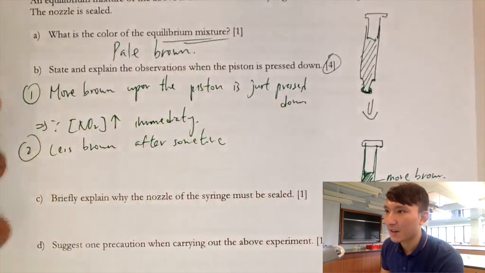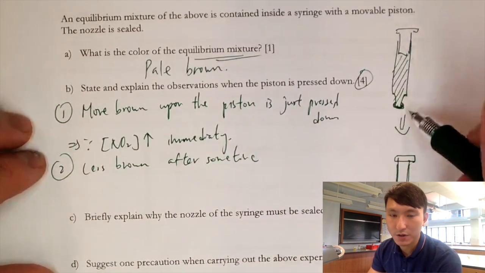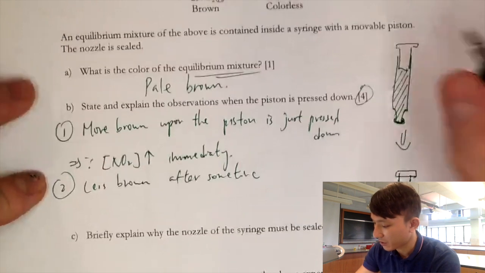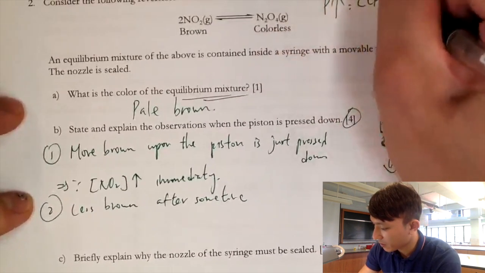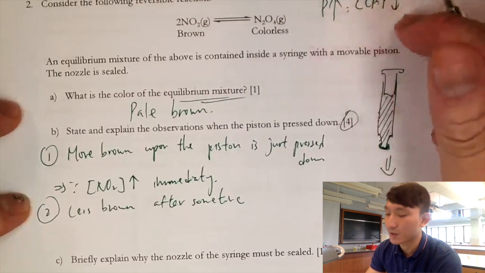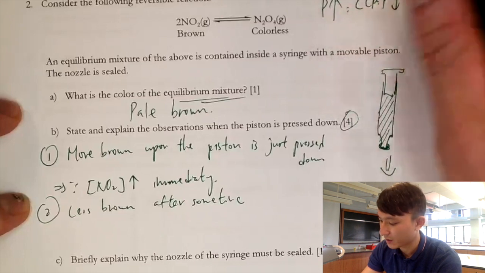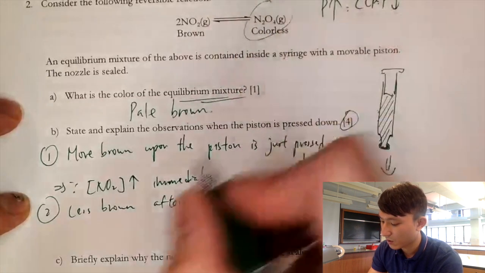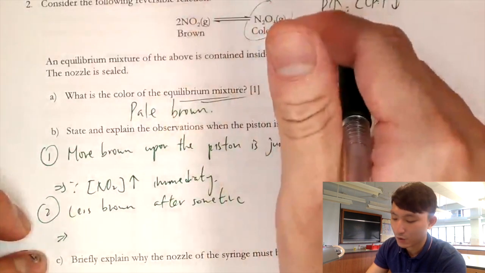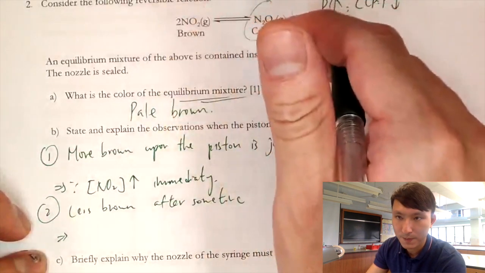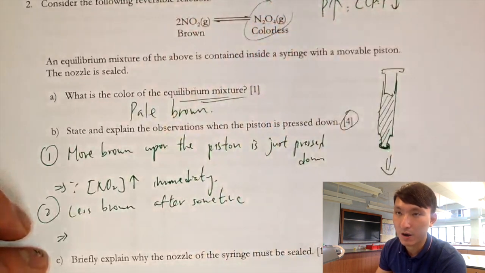Because when you press down the piston, you decrease the volume, so the pressure increases. Le Chatelier's principle wants the pressure to decrease, so they want to shift the equilibrium to the side with fewer molecules, in this case the product side. When shifting to the product side, which is the colorless N2O4, this is the reason why the color becomes less brown afterwards.